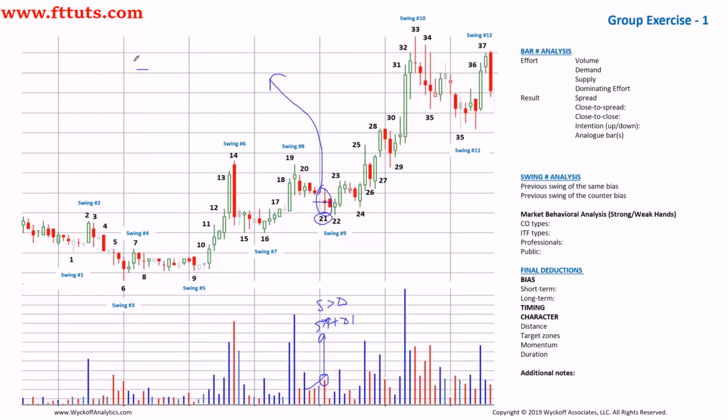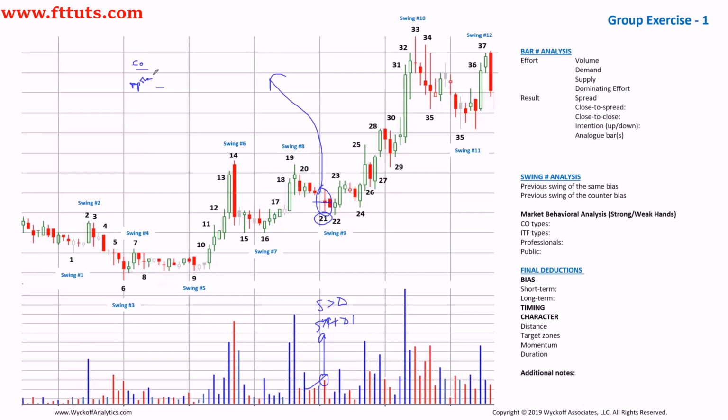We have the previous close, and then we have a gap down. So that suggests what kind of intraday first move? To the upside or to the downside? Probably to the downside.